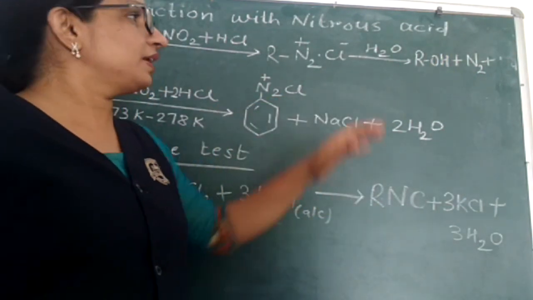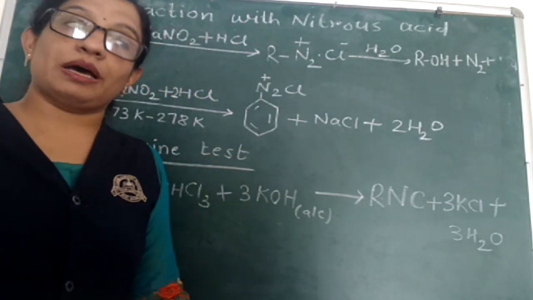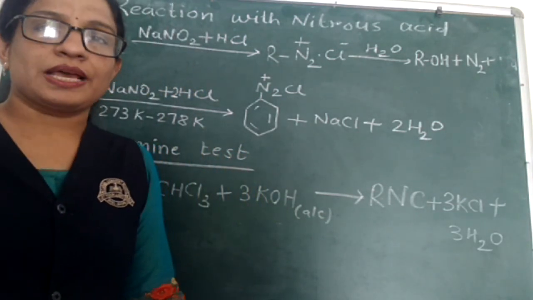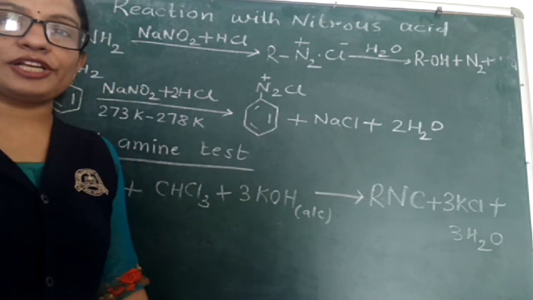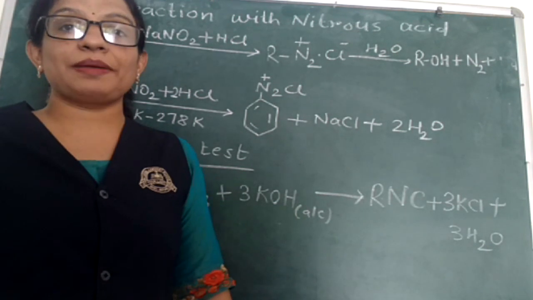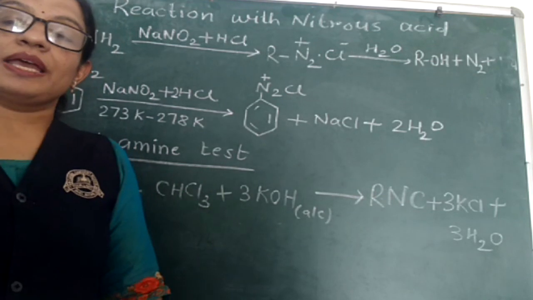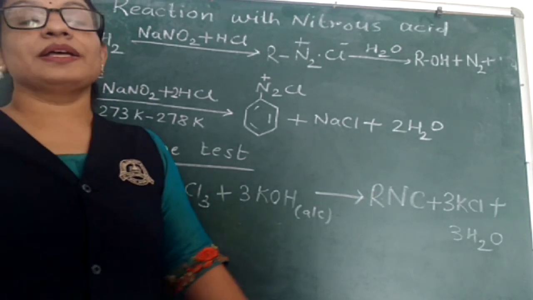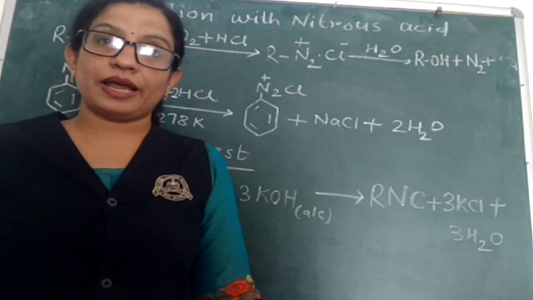That is the reason this reaction is used in the estimation of amino acids and proteins by estimating the nitrogen in them. Amino acids and proteins both have nitrogen in them, and by this method the nitrogen present in them is estimated, and therefore the reaction is used for the estimation of amino acids and proteins.